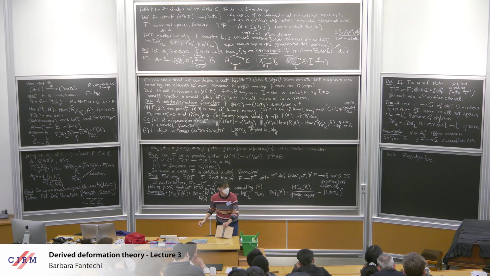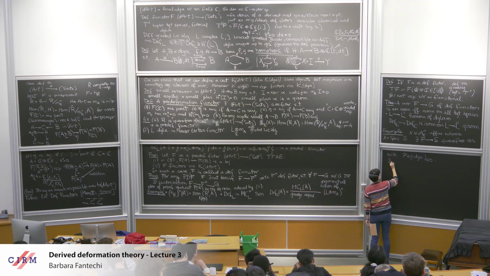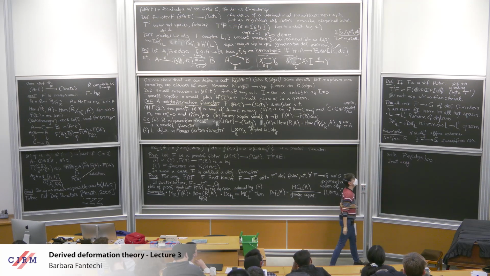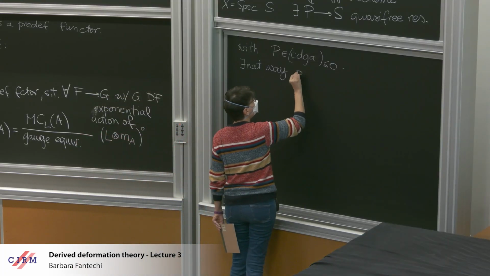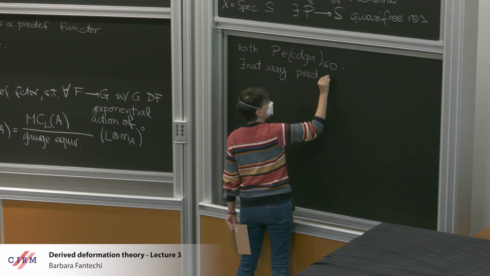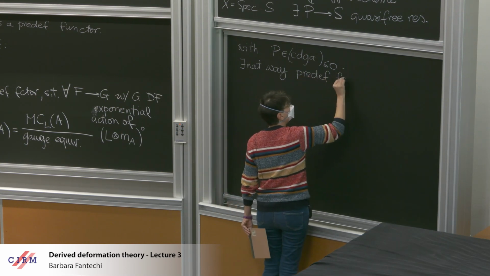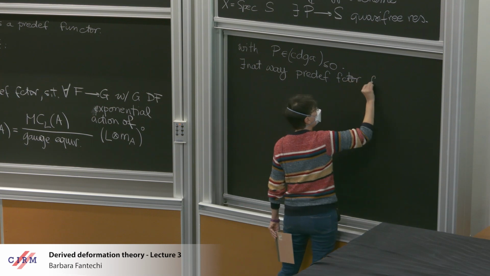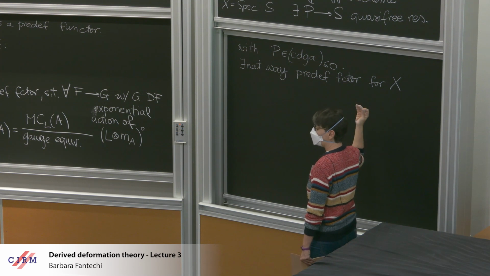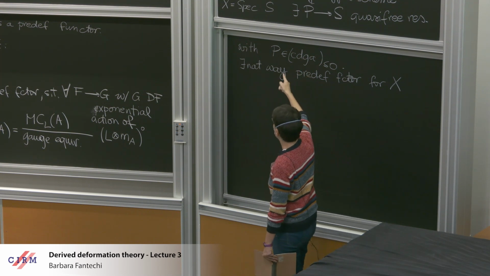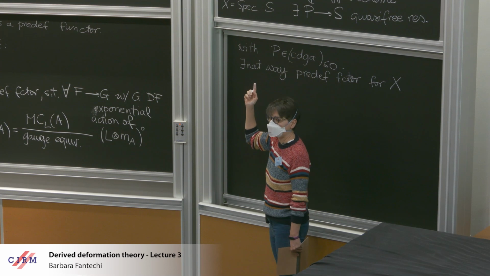And we want to have, there is a natural way, which is very similar to how you do in the non-derived, in the classical case, to define a pre-deformation functor for X, really in terms of you associate to every A prime an algebra R_A prime.